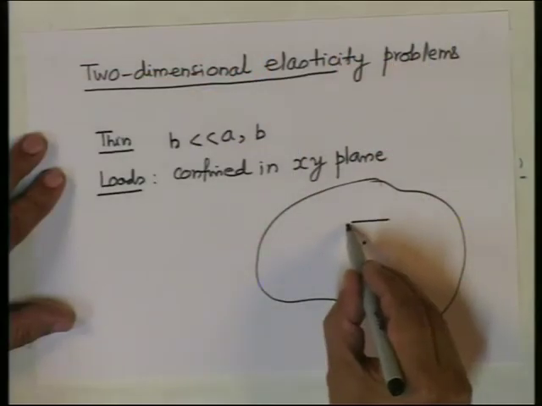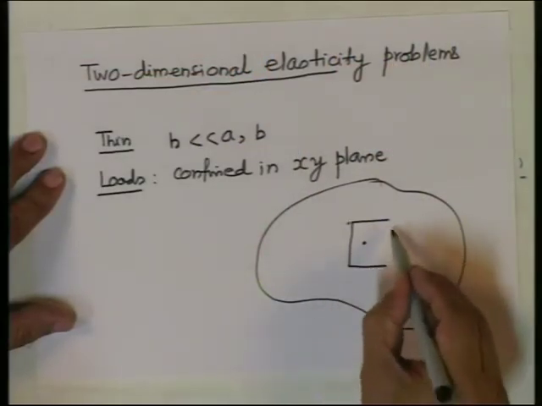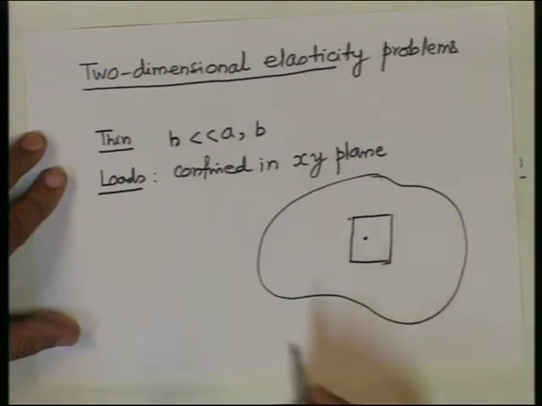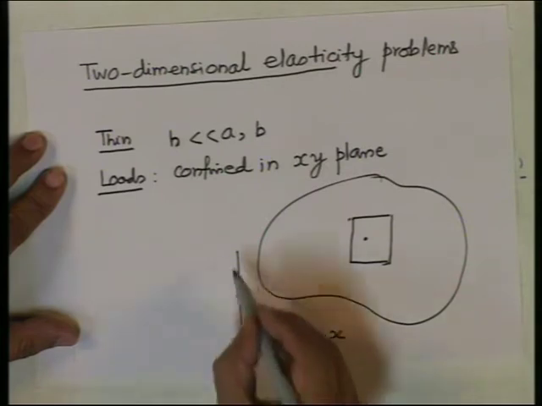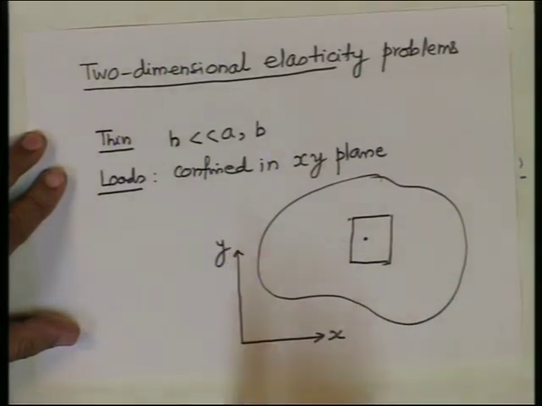At any point P in the body, if I take a small element around point P, what is the state of stress that exists? This is x, this is y. Z is perpendicular, coming out.